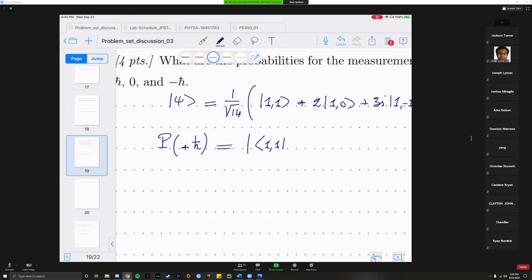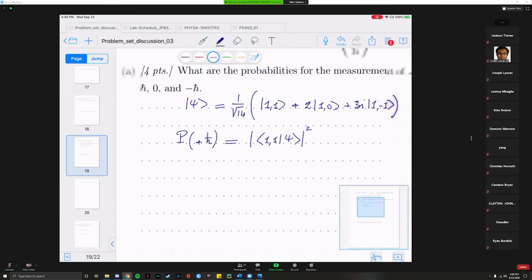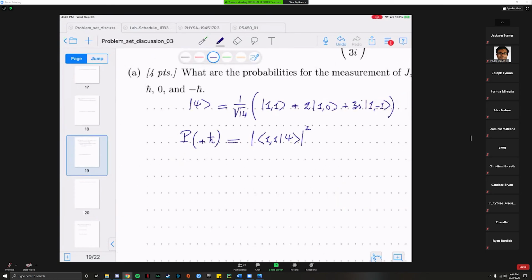So that's the bra corresponding to the ket that is the state in which Lz is plus h bar. That multiplies psi, magnitude squared. So in this case, this inner product is just going to give us 1 over square root of 14. And then when you take the square, it's just 1 over 14.